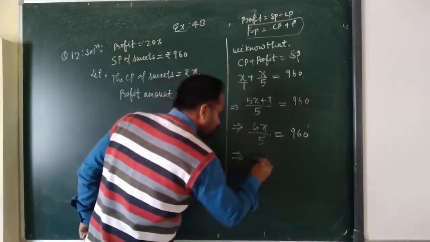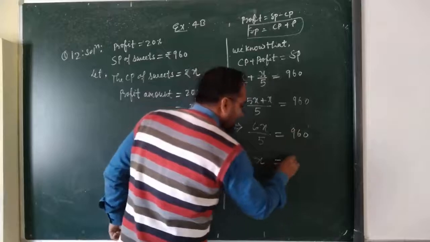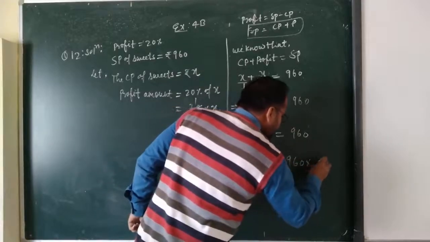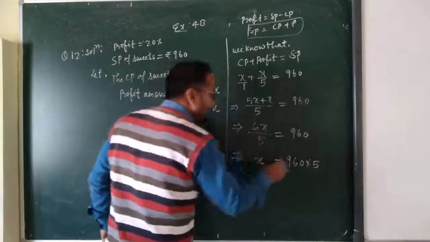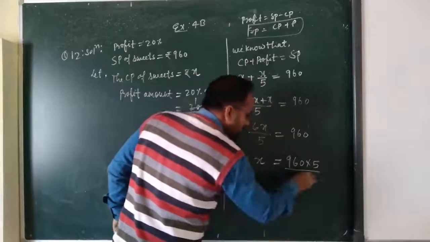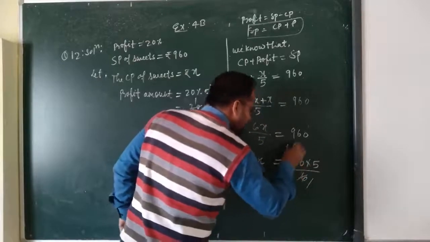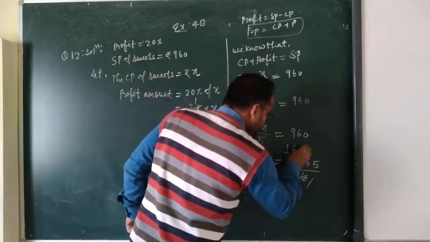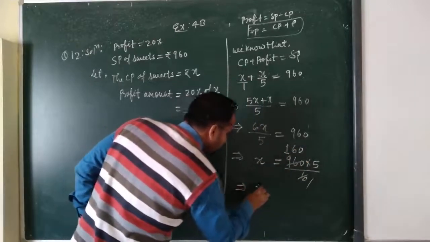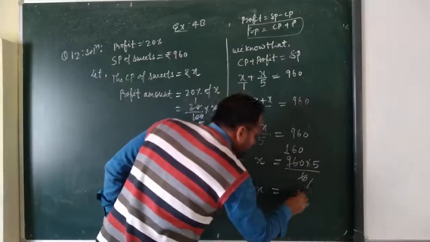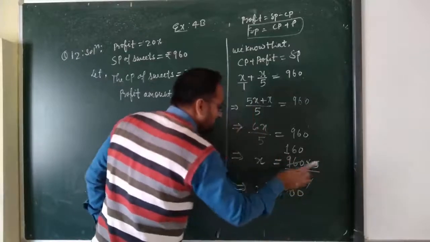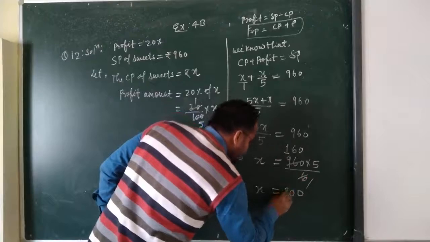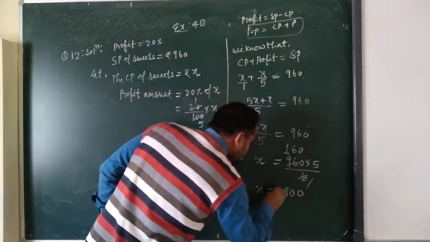Now 5, which is in the form of a division, goes to the other side, division changes into multiplication, and multiplication changes into division, students. 6 ones are 6, 6 threes are 30, 6 sixes are 36, 0. So x is equal to 160 multiplied by 5, which gives rupees 800.